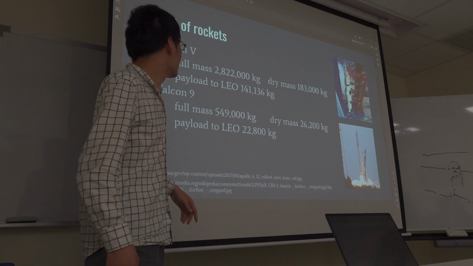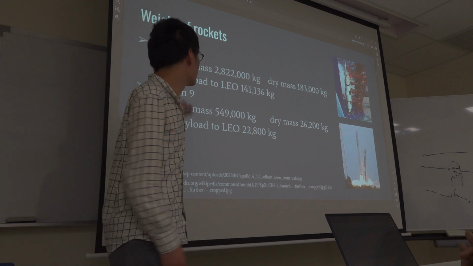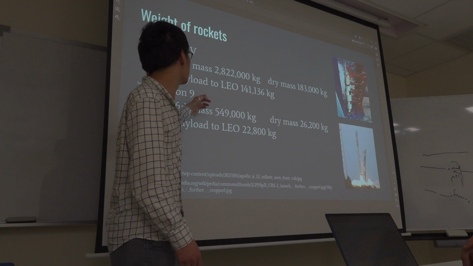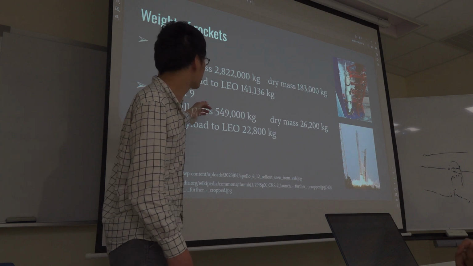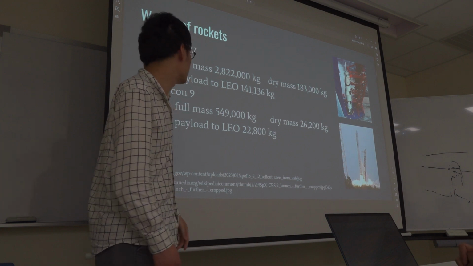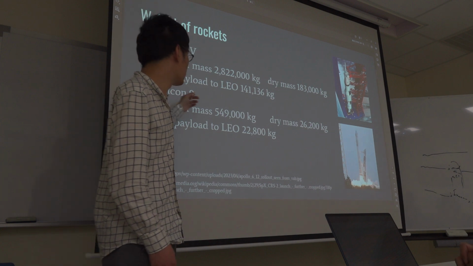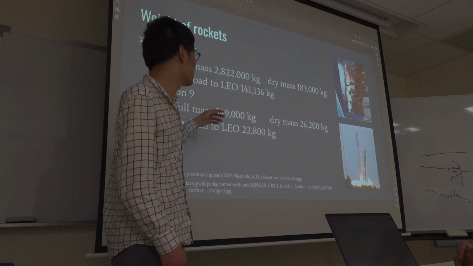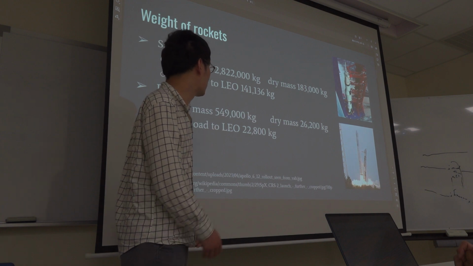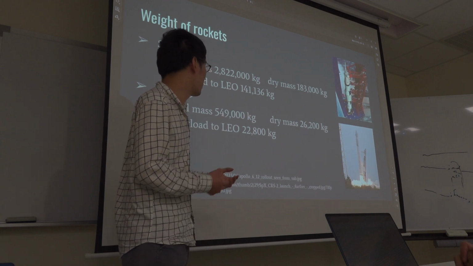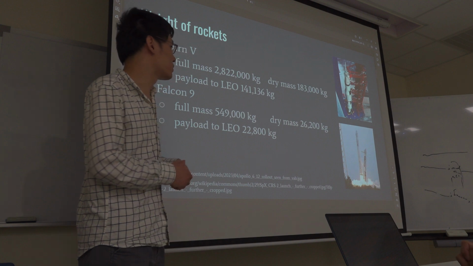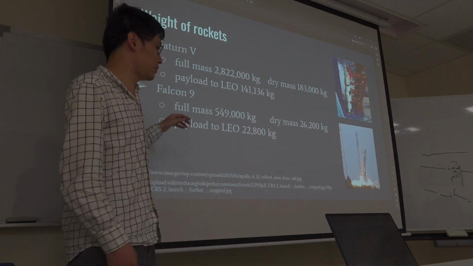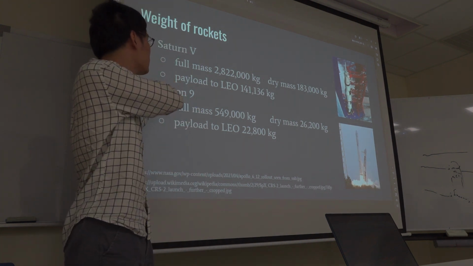But what we can see now is the full mass of the Saturn is like 2,800 tons. However, its payload to go LEO, the low Earth orbit, is only about 140 tons. So it's like 5% of the full mass.